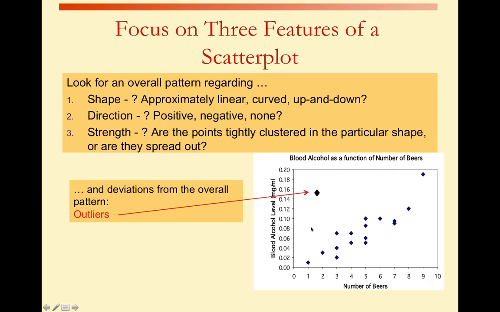We also look for potential outliers. Outliers would be sort of unusual points or things that are unexpected. So if I had a point over here, drinking 2 beers gives me a very high blood alcohol level, I'd be kind of surprised because it's really far away from these other points here. It seems unusual.